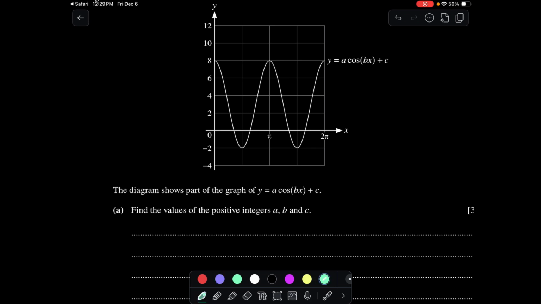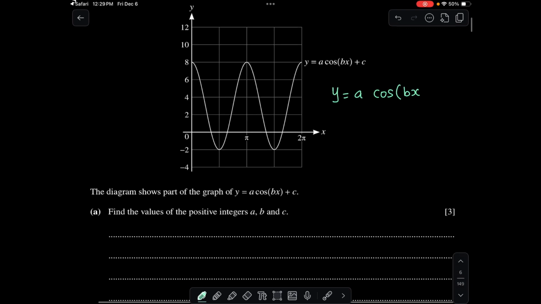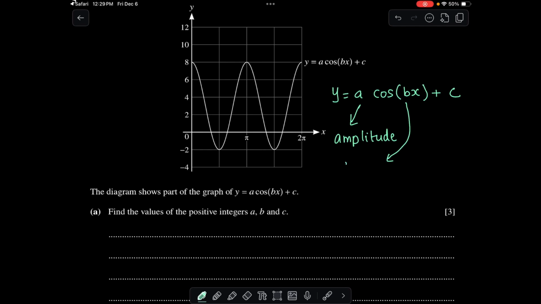So we're having y equal to a cos bx plus c. Here A stands for the amplitude, B stands for what we would call the frequency.